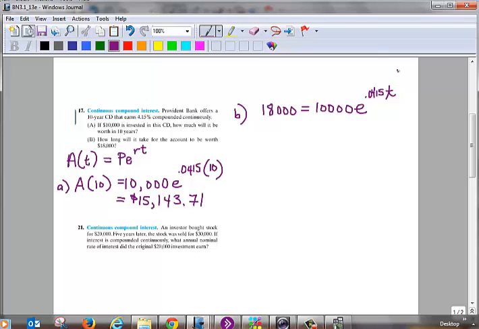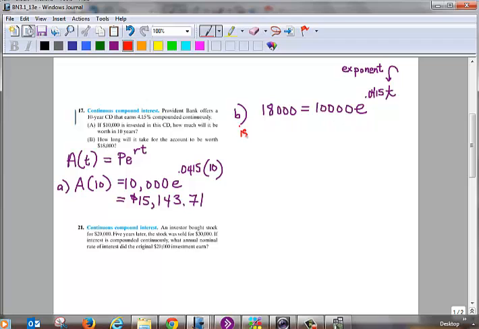I need to solve for t, and t is in the exponent. And when we solve for an exponent, you need to use logarithms to solve. And we're actually going to use the definition of a logarithm here to solve this. So the first thing I want to do, though, is to isolate my exponential.